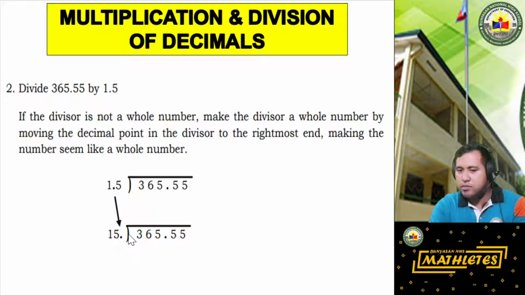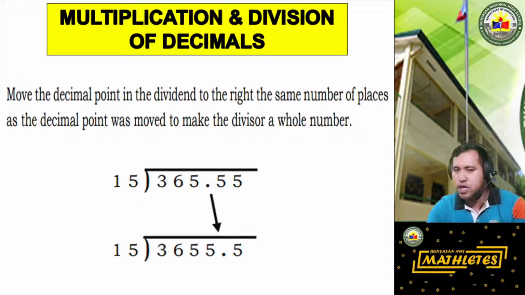But it doesn't end there, because we moved the decimal point of our divisor. So therefore we will also move the decimal point of our dividend, the one inside the division symbol.